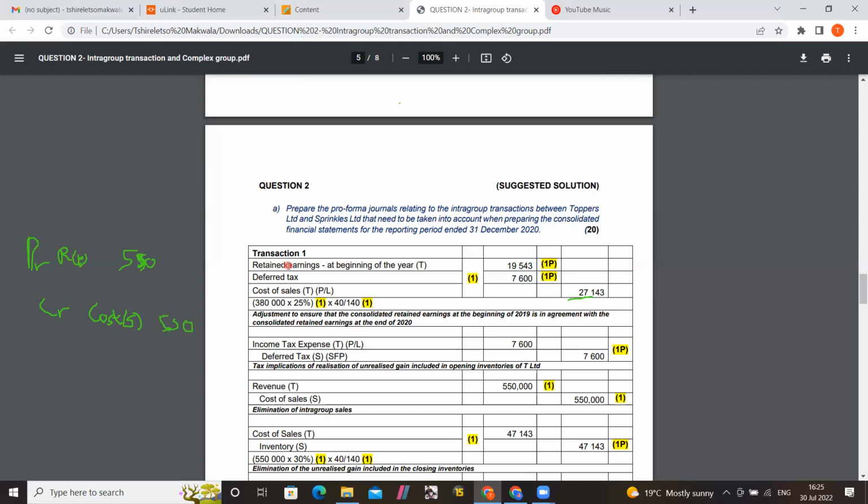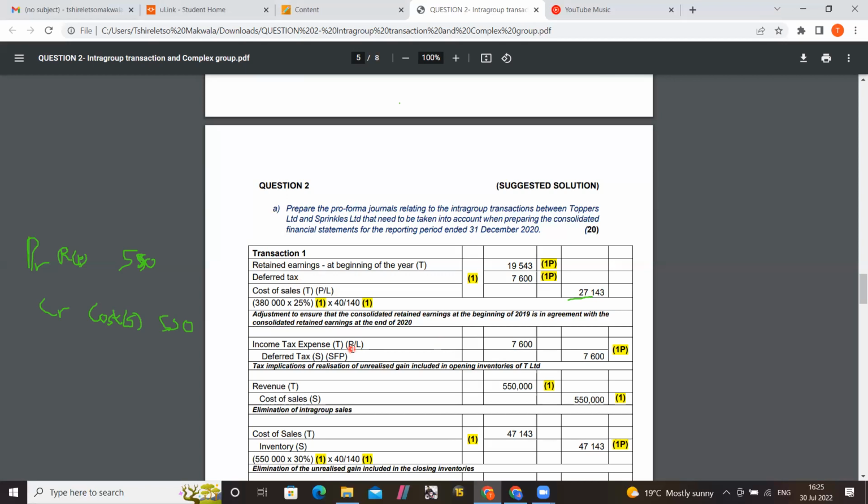Because deferred tax will always follow what? Do not forget, deferred tax will always follow what the profit does, but with the opposite effect.